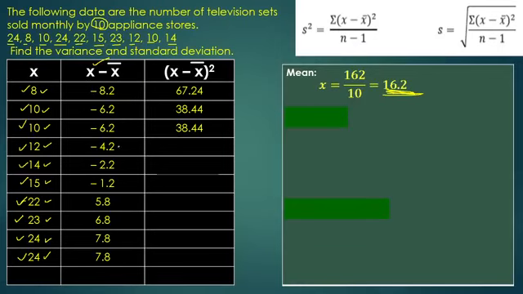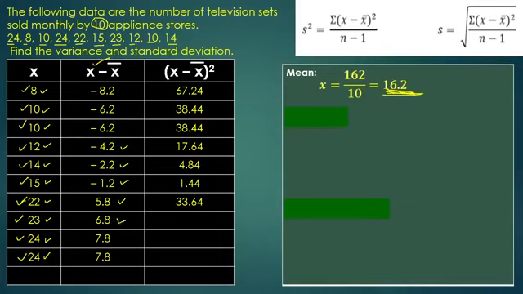What about 4.2 squared? 17.64. What about 2.2 squared? 4.84. What about 1.2 squared? 1.44. 5.8 squared. 33.64.